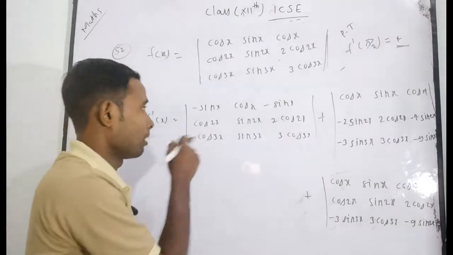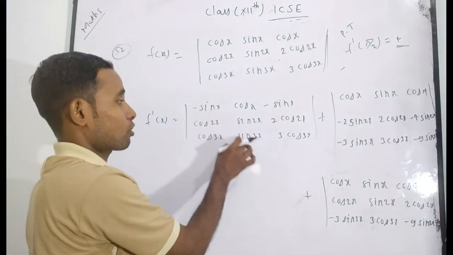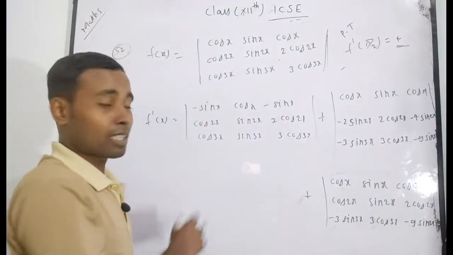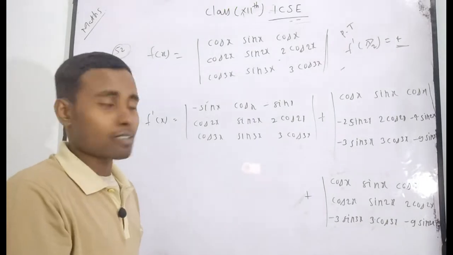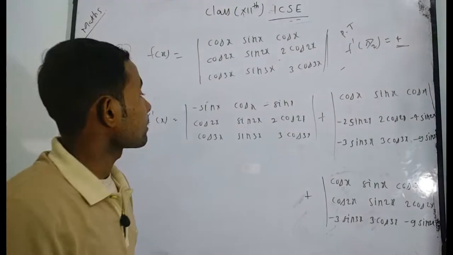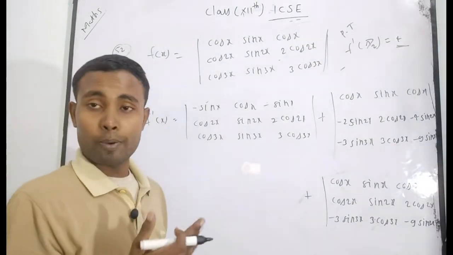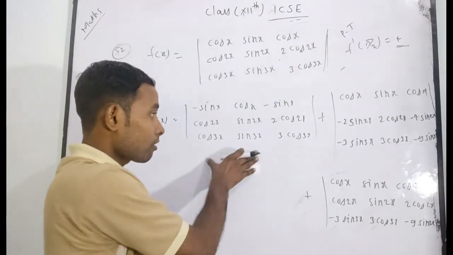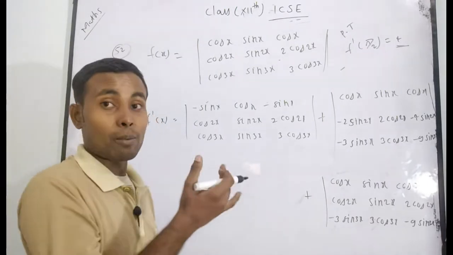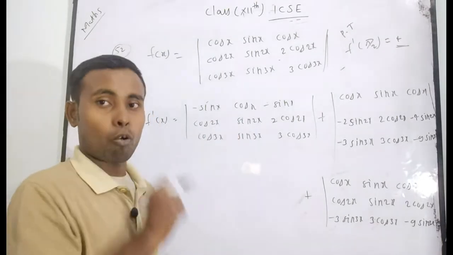Because the given function has sin x, cos x, sin 3x, that means multiple angles of different kinds. If you try to find this determinant, it will be complex, because sin x, sin 2x, sin 3x will be in complex form.